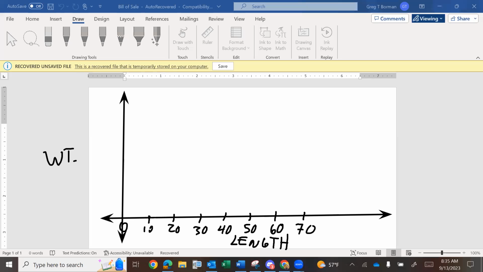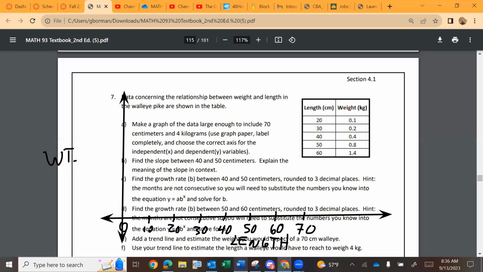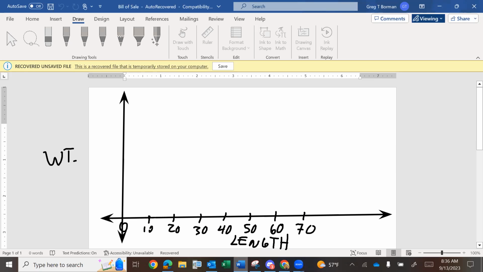And 4 kilograms is how high we want to go. So I'll go 4, and then half of that's 2, and in the middle of there is 3, and in the middle of there is 1.